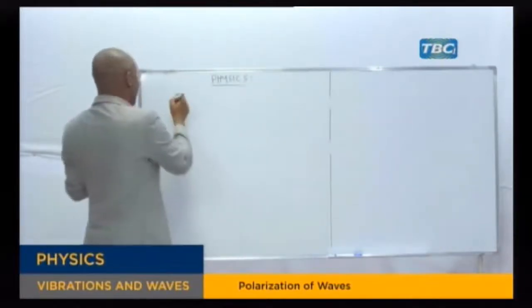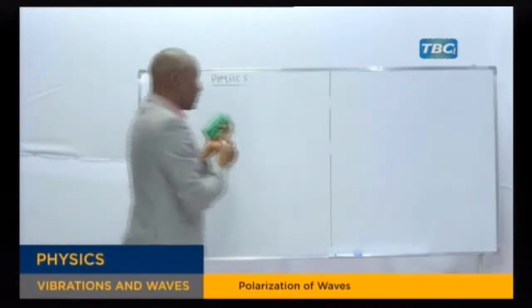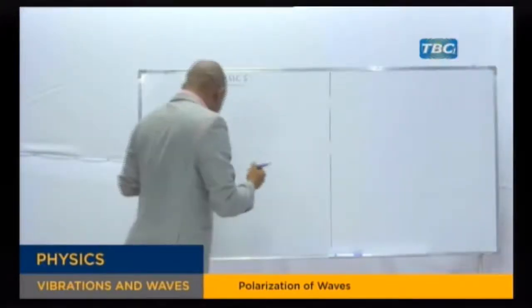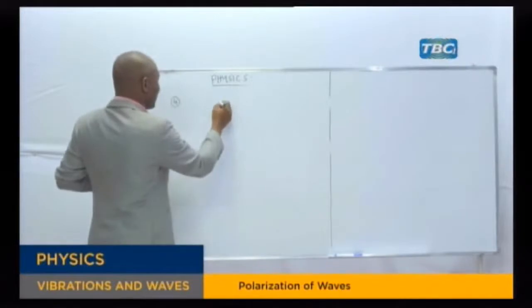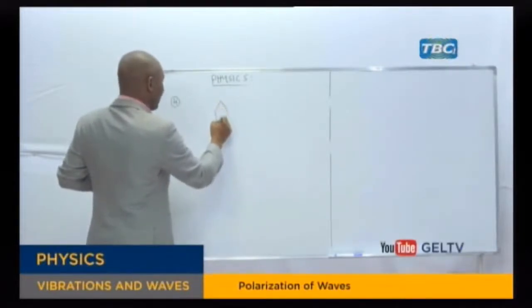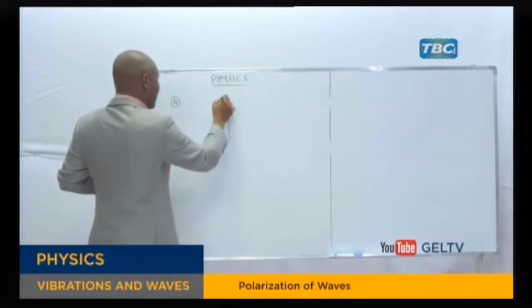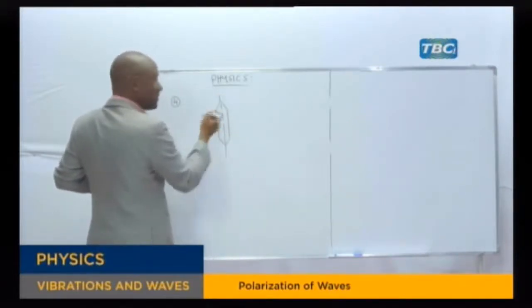Example number 4: we have unpolarized light that again falls on two polarizer sheets whose axes are at right angles. The information says that we have two polarizers, and this axis here is for the first.